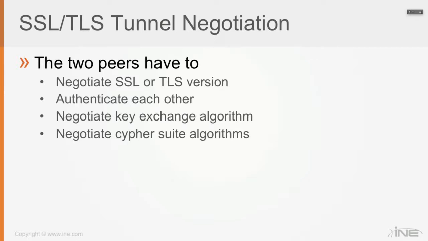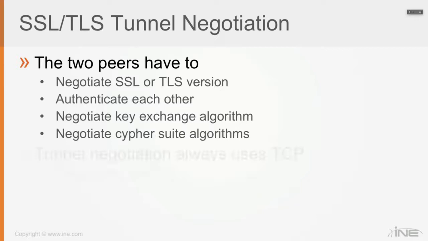They have to negotiate the key exchange algorithm, like in the case of IPsec, where the key exchange was done through the Diffie-Hellman asymmetric algorithm. In SSL or TLS, we have additional capabilities in there. And they also negotiate the cipher suite algorithms, like in the case of IPsec VPNs. So we negotiate encryption algorithms, DES, triple DES, or hashing algorithms, just like in the case of IPsec VPNs.